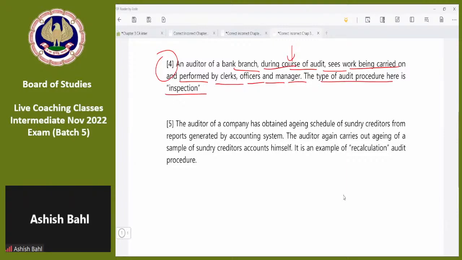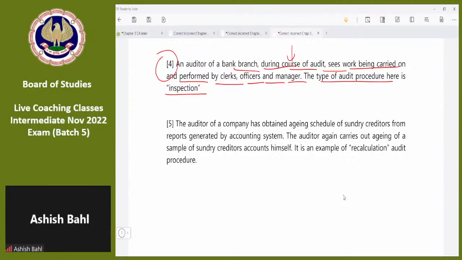This type of procedure is inspection? The auditor is seeing what kind of procedure is done by whom, what the clerks are doing, and how officers are passing instructions. So he is just keeping a watch.